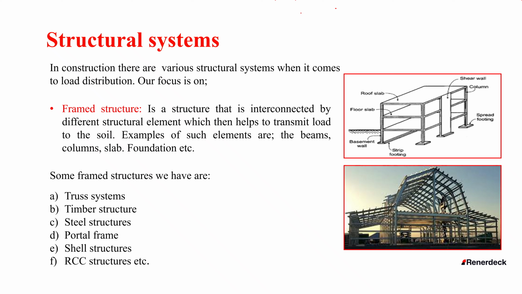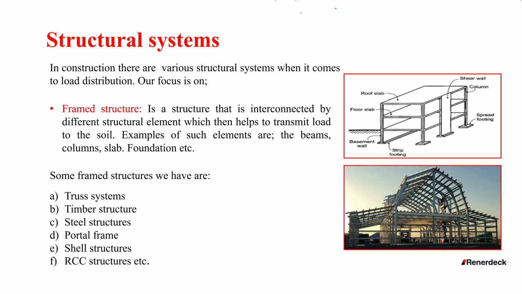Examples of such elements are the beams, columns, slabs, foundation, etc. Under the category of frame structure, we have different types of materials that can be used. Okay, we have the truss systems. If you have seen bridges, where we have those irons, using the local language, but they are actually steel, you see them just by the side of the bridge.